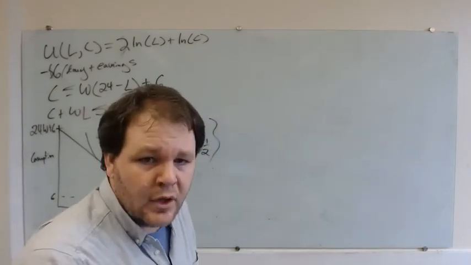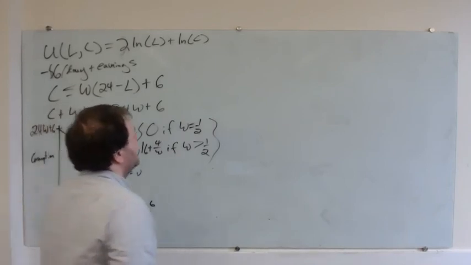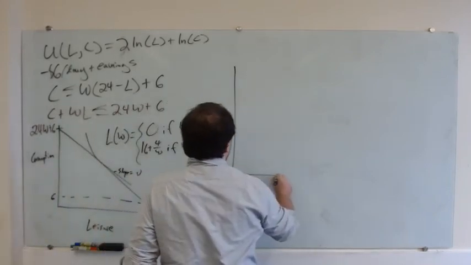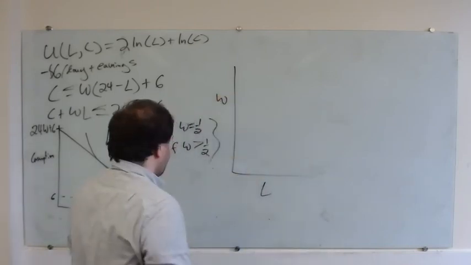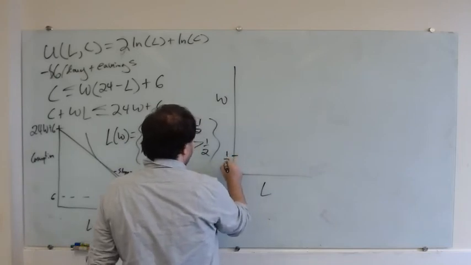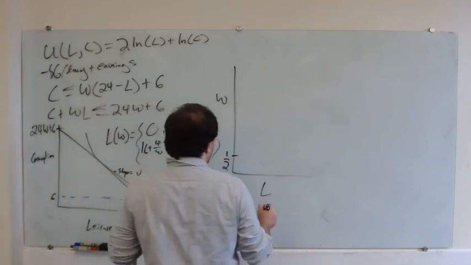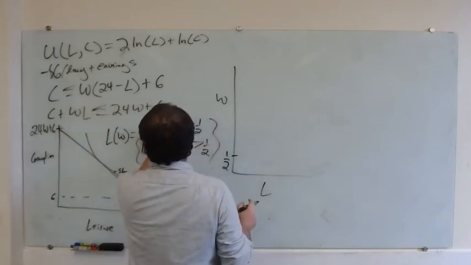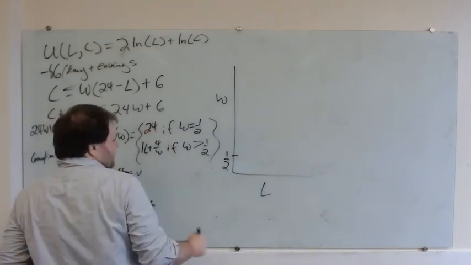So now I know how much leisure I'm going to consume, right, at any given W. If I graph this thing, right, we're going to have leisure equal to 24 up until the wage is 1/2.